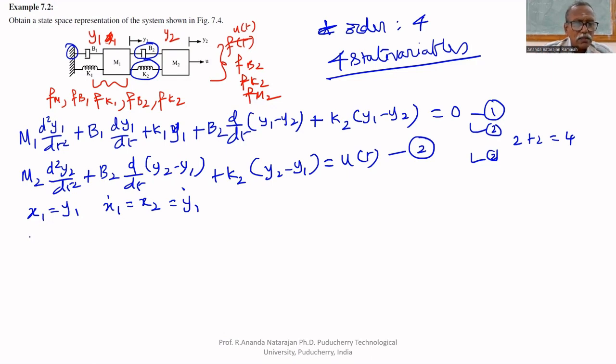Similarly, x3 equal to y2, another state variable, and x3 dot equal to y2 dot equal to x4. So we assigned 4 state variables.